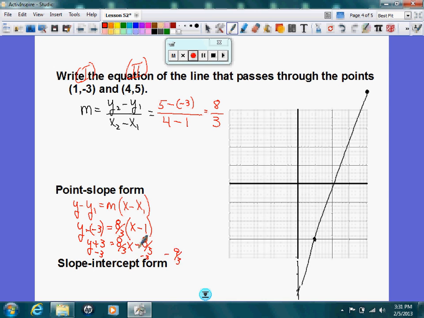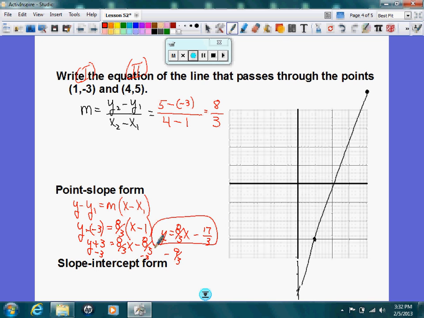So we got minus 8 over 3 minus 9 over 3, which is minus 17 over 3. And we will get y is equal to 8 over 3 x minus 17 over 3. And that is actually in slope-intercept form.